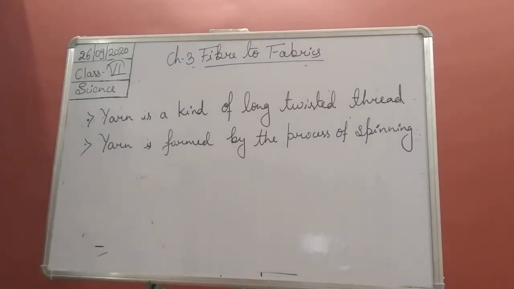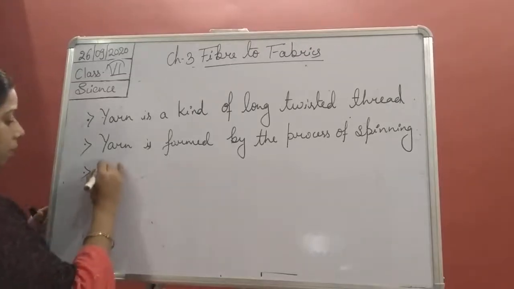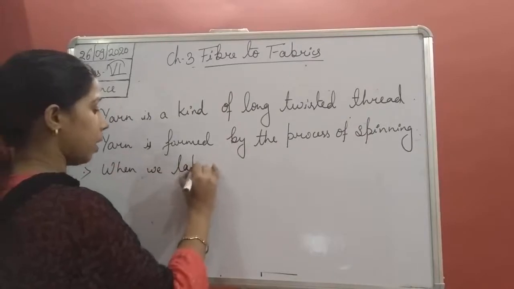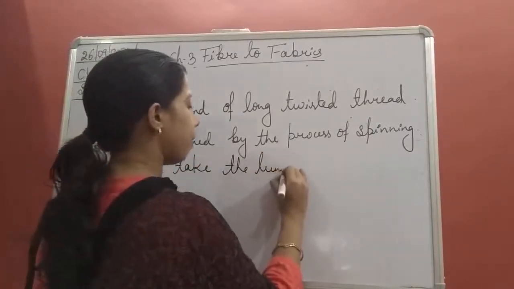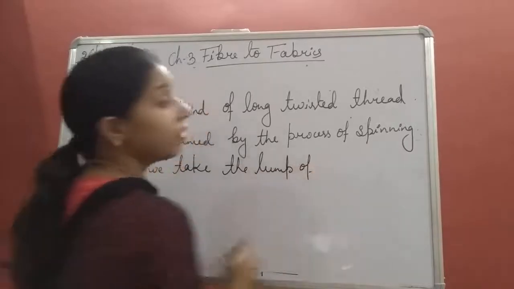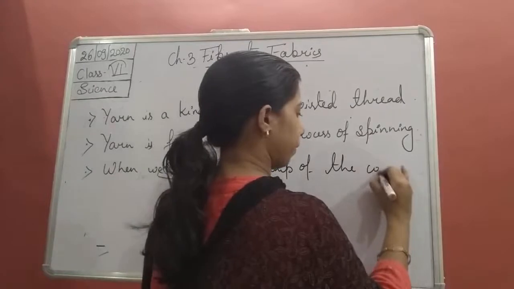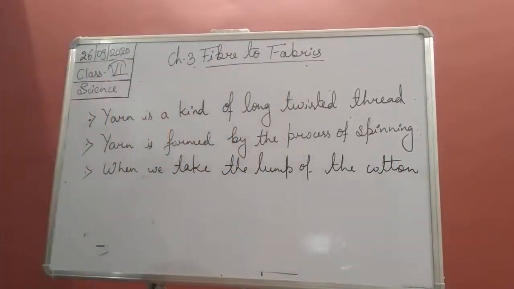So we can write it that we take a lump of fiber, of cotton fiber. I am taking an example so that you can understand it in a better way.